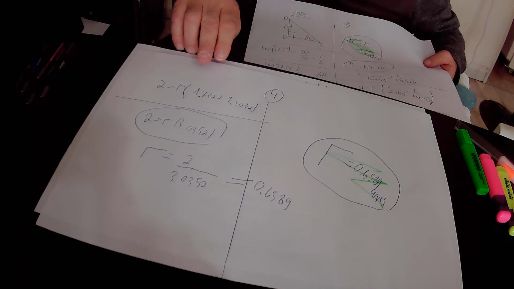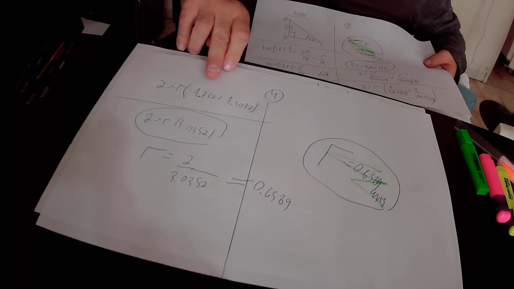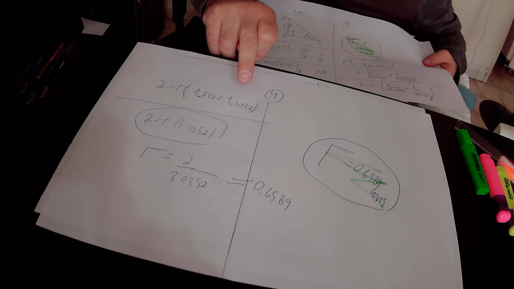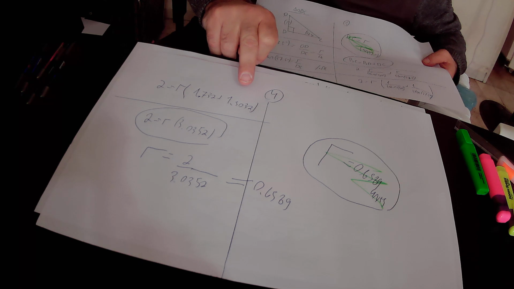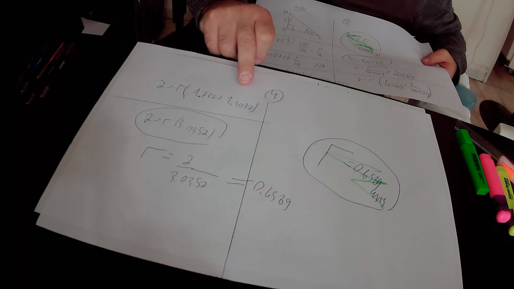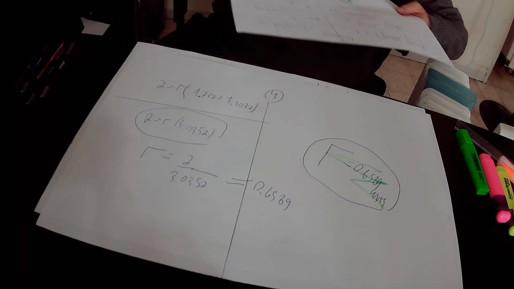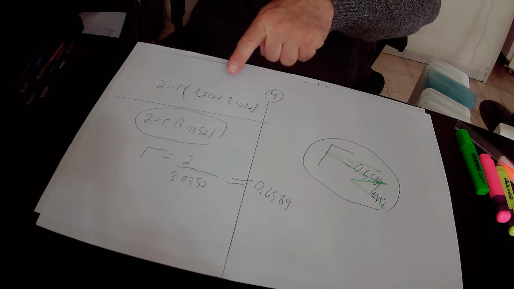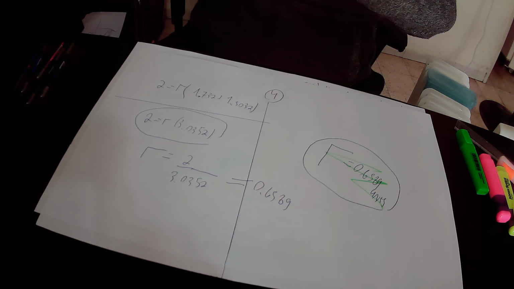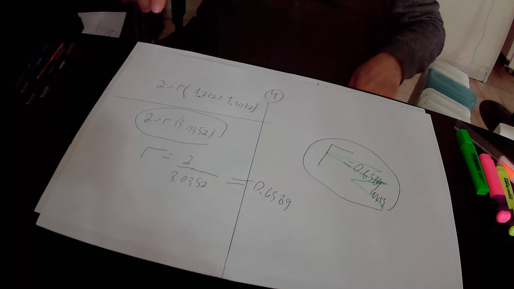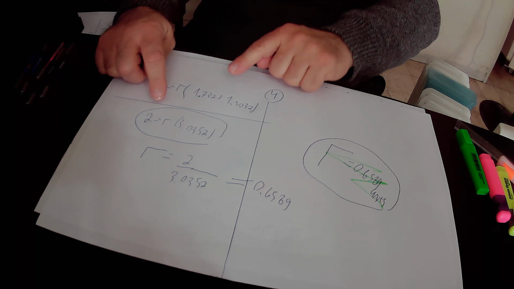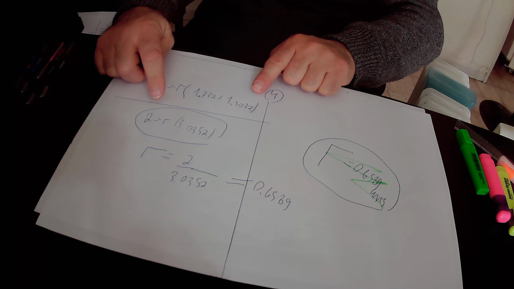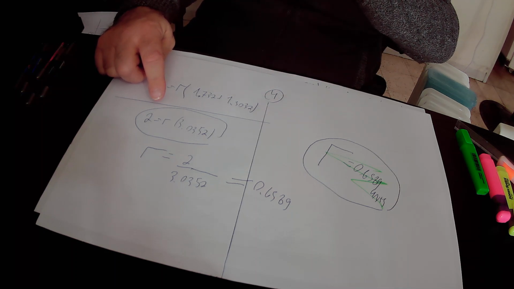1 over tan 30 degrees equals 1.732, plus 1 over tan 37.5 degrees, which is actually 1.3032. So 2 equals R times 1.732 plus 1.3032, and 1.732 plus 1.3032 equals 3.0352.